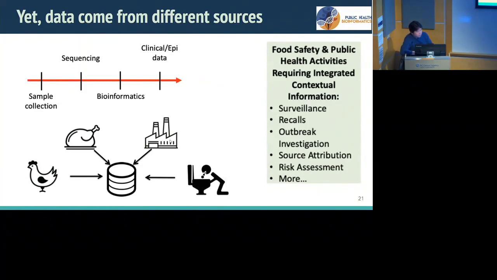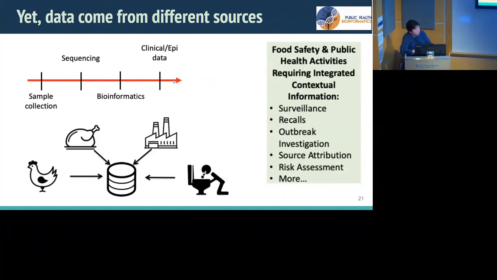And as you go through the process of sample collection to sequencing to the bioinformatics analysis and the collection of genomic, epidemiological and clinical data, and so on, each of those steps can have its own data standards and its own variations.